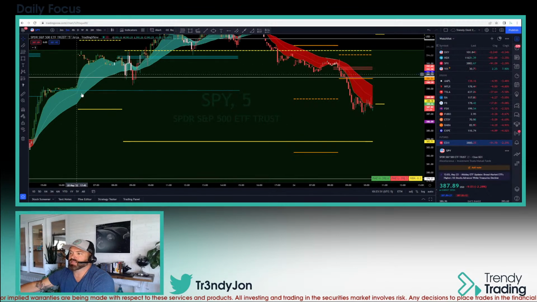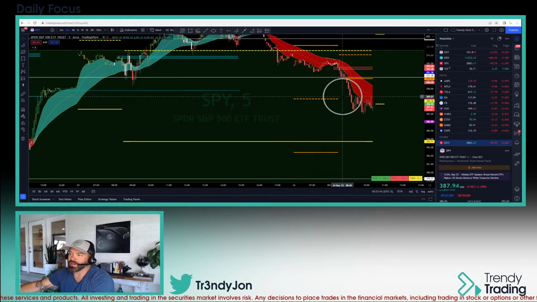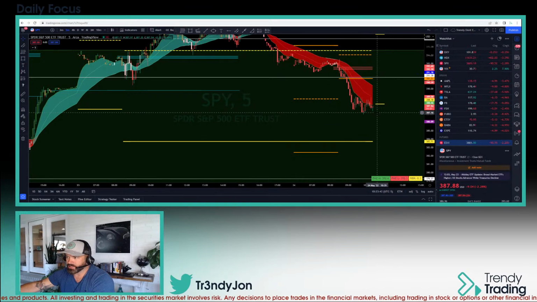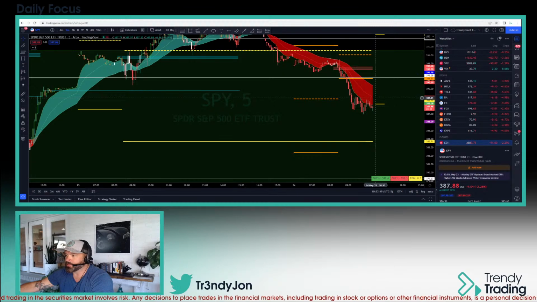If 5 minutes is not your thing, or even if it is, if we start to bid above 389, 390, that's better for the bulls today. But that would be a stop for me or an entry. It depends. It'd be a stop if I was trying to go short at the bottom. If it pushes up and I'm waiting for my stop, the closer I get to 389, 390 is where I'd be thinking about a short back down to here.